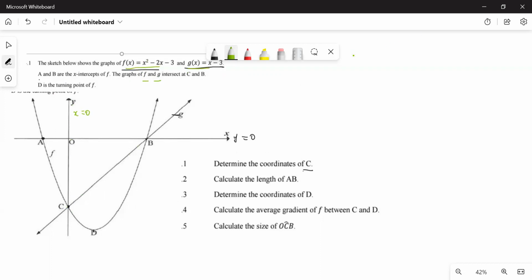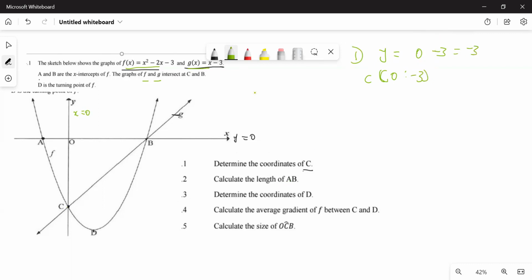The simplest between the two is g of x. So I will say y is going to be equal to, where I see x, I'm going to put 0 minus 3. Then the coordinates of C: x is 0, and y is going to be equal to minus 3. If you do this, you're going to get minus 3.